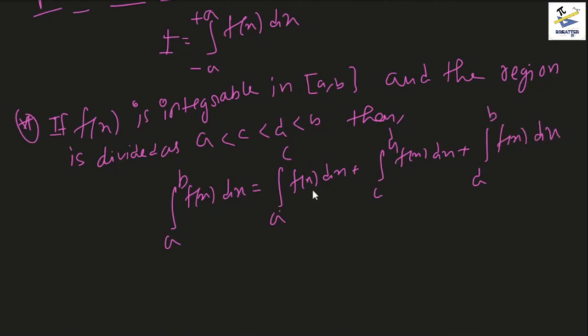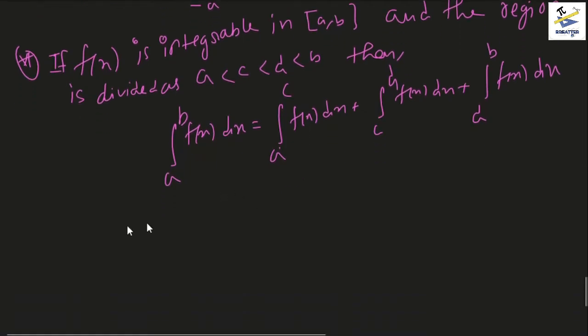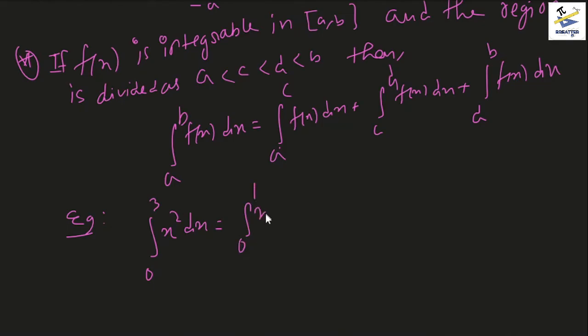So basically, if we were to evaluate the integral 0 to 3 x square dx, you can write it as 0 to 1 x square dx plus 1 to 2 x square dx plus 2 to 3 x square dx, like this, right?